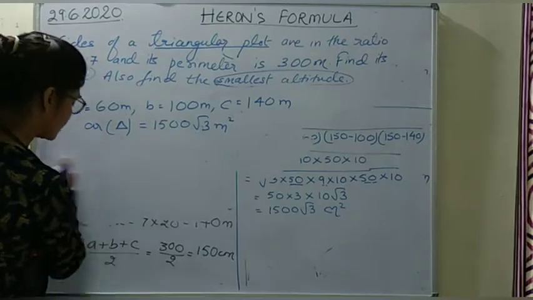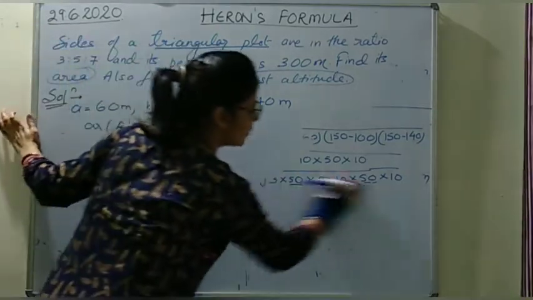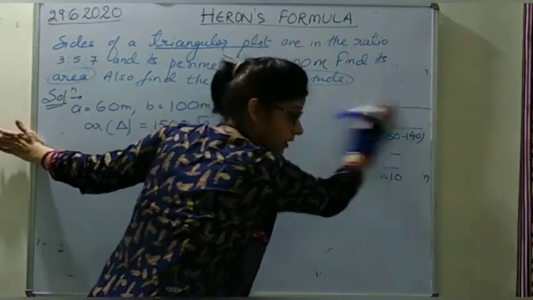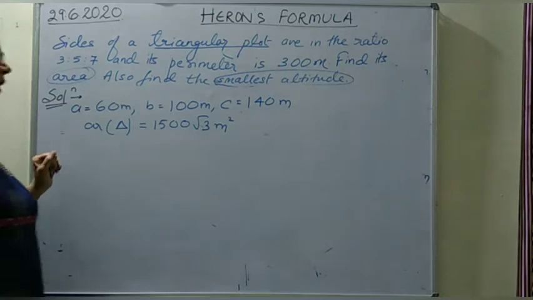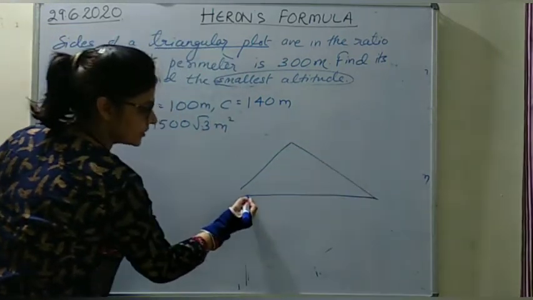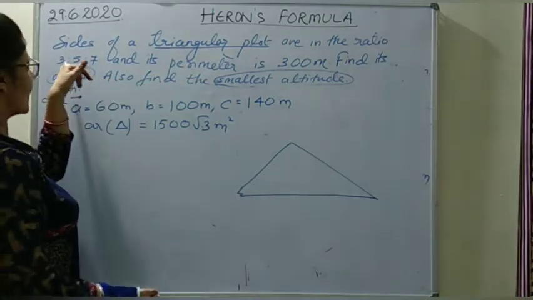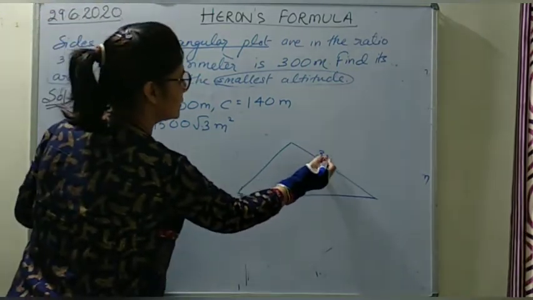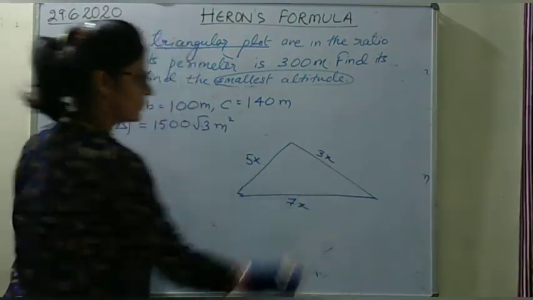Now see, what is our next question? Also find the smallest altitude. What do we have to find? Smallest altitude. Now what will be the smallest altitude? Now suppose this is your triangle and the sides are 3x, 5x, 7x.